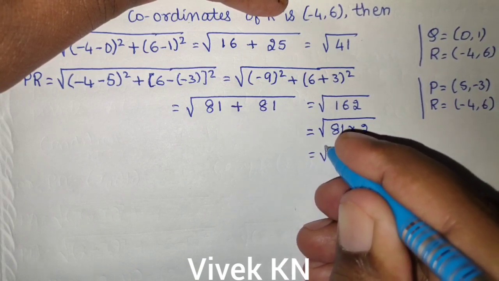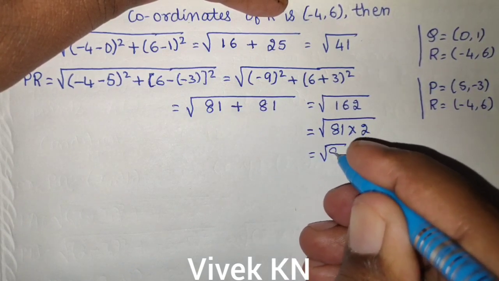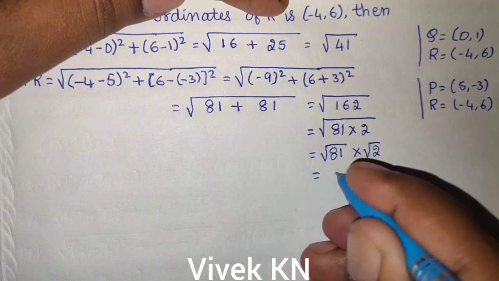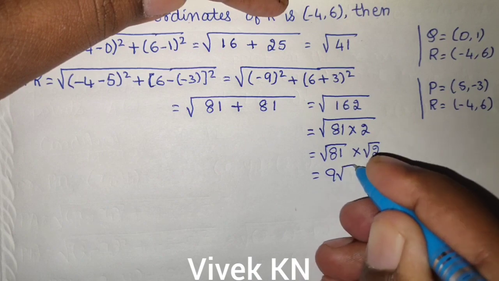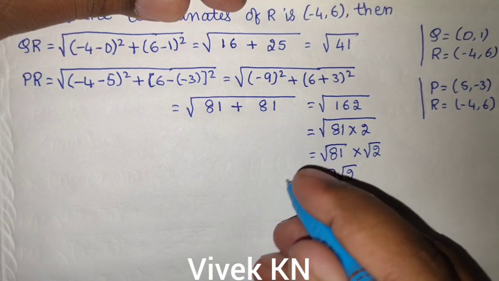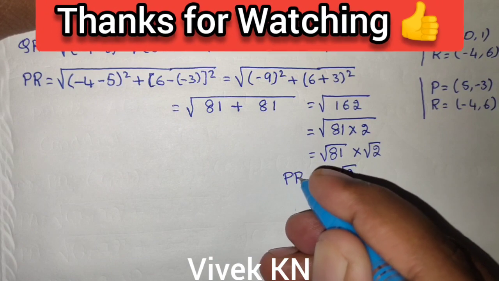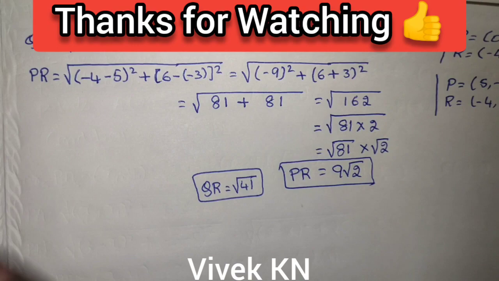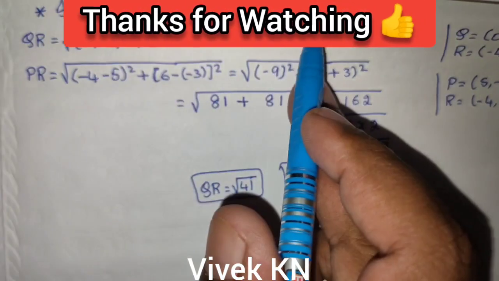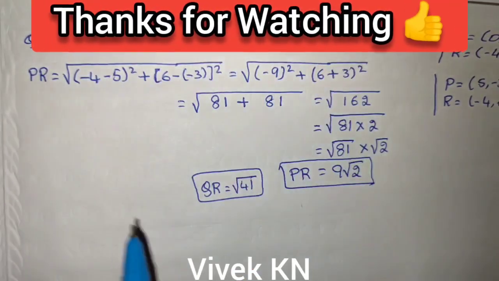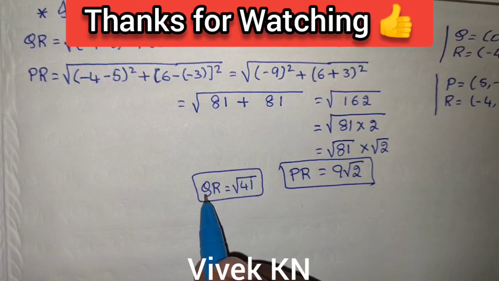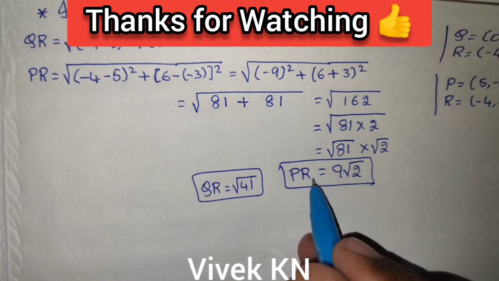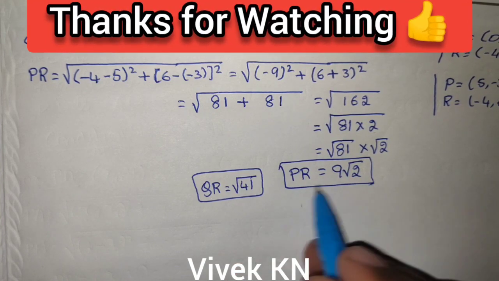And when we split this one, we get root 81 into root 2. The value of root 81 is 9 into root 2. This is the value of PR. If the coordinates of R is minus 4, 6, then the distance between the points QR is root 41 and the distance between the points PR is 9 root 2. This is the answer.